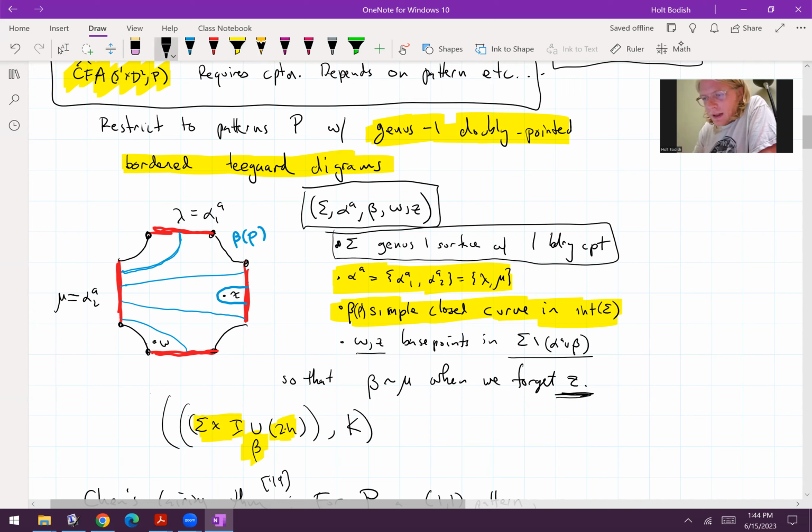And then to recover the knot, I connect Z to W in the complement of the beta curve, and then I connect W to Z in the complement of the alpha arcs. You can see that this would be a doubly pointed genus 1 bordered Heegaard diagram for the 3-1 cabling pattern.